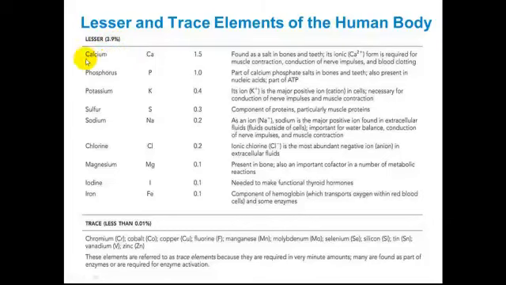Some of the important ones will be calcium, phosphorus, potassium, sulfur, sodium, chlorine, magnesium, iodine, and iron. In this class, we will definitely talk quite a bit about chlorine. We will definitely talk about sodium. Okay. In fact, as we look at examples, this sodium and chlorine will be very important when we talk about what are called ionic bonds.